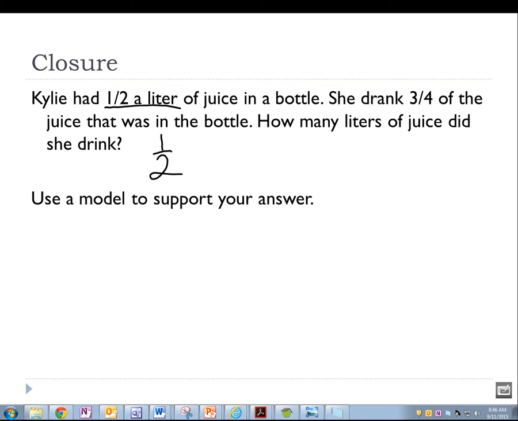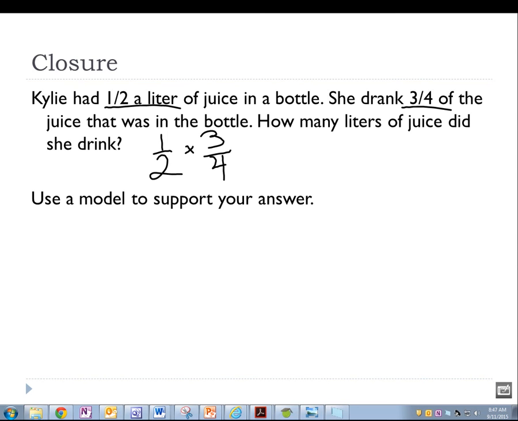Now, one might just look at this and think, okay, I'm going to do subtraction. But it's not subtraction. It's multiplication. So she drank 3/4 of the juice. How many liters did she drink? We're going to multiply this by 3/4.